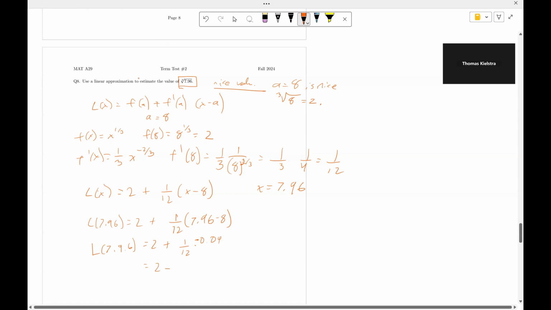So this equals 2 minus 0.01 over 3, which equals 2 minus 1 over 300, which equals 600 minus 1 over 300, which equals 599 over 300. And that is our linear approximation of 7.96.